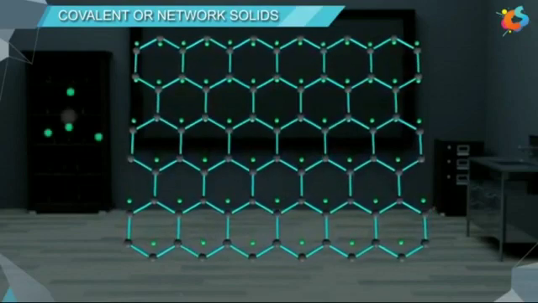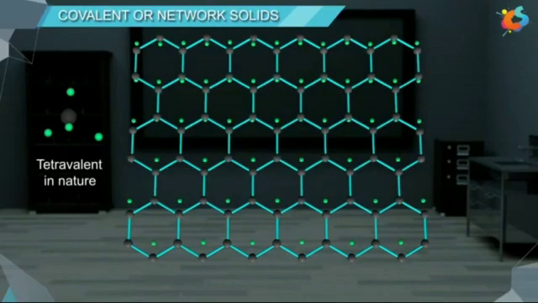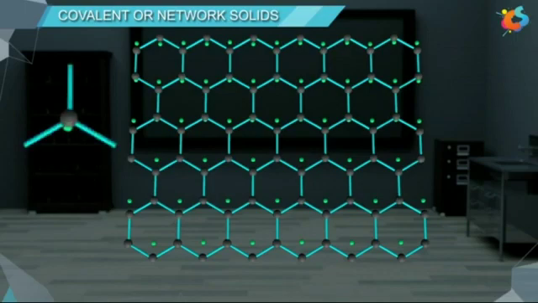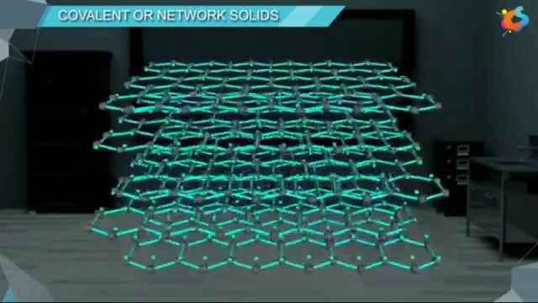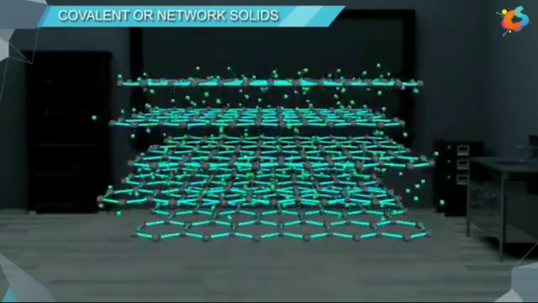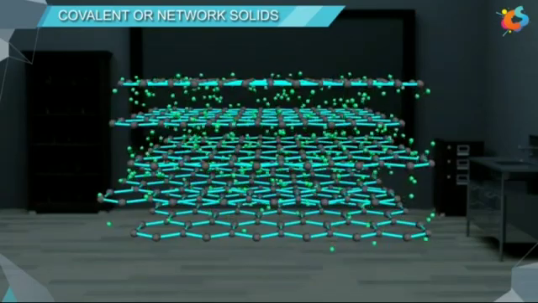We know that carbon is tetravalent in nature and has 4 valence electrons. In each layer, one carbon atom is bonded to 3 other neighboring atoms within the same layer. The 4th valence electron of each carbon atom remains unbonded and is present between the layers.